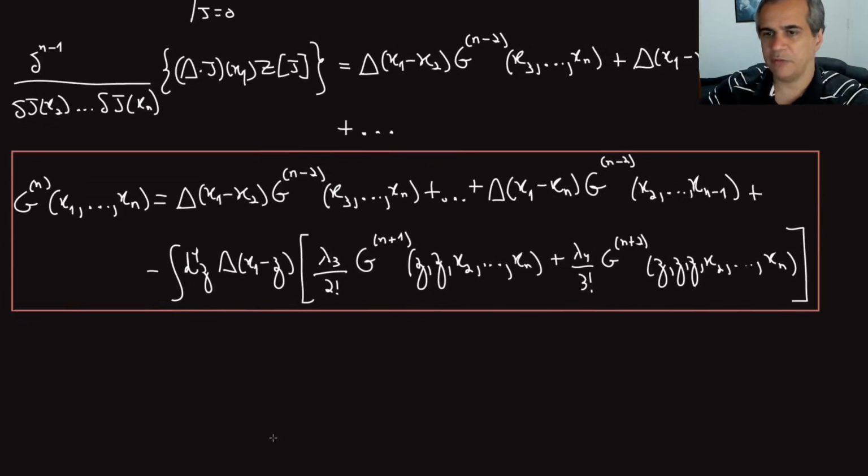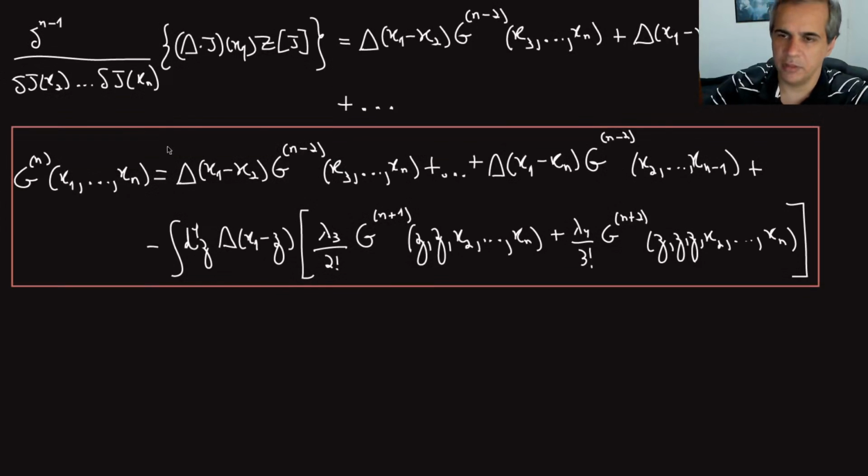Now let's try to express these in terms of diagrams. On the left hand side, what I have is a Green function that connects to xn points. I'll keep x1 separated for the rest, because you see x1 has a special role on this right hand side.